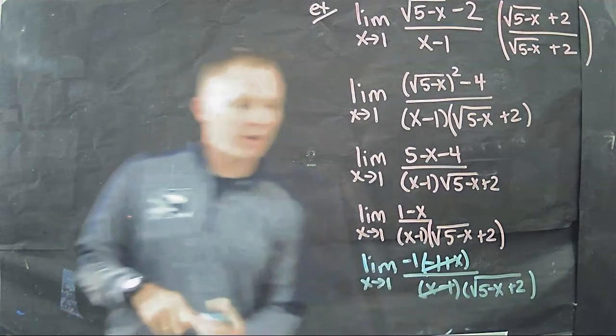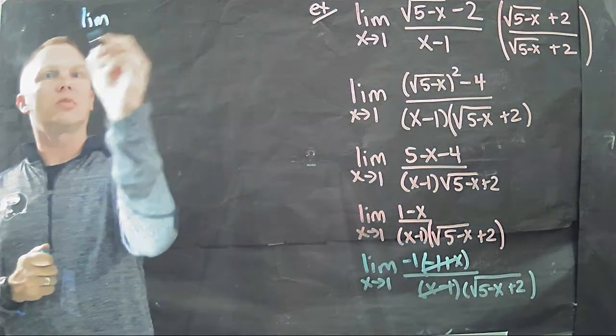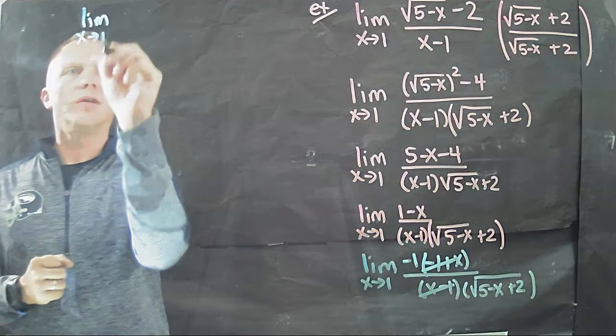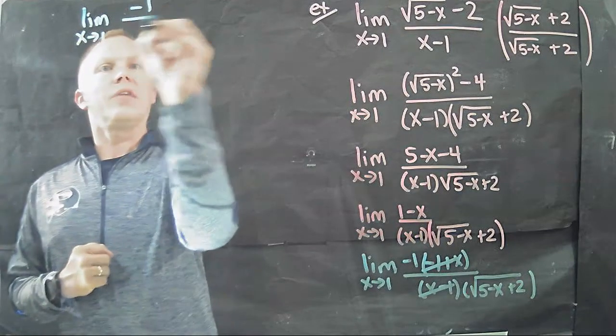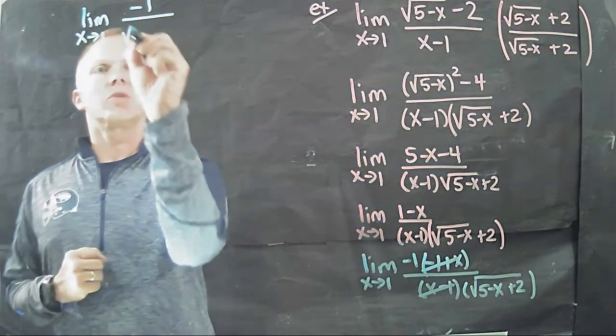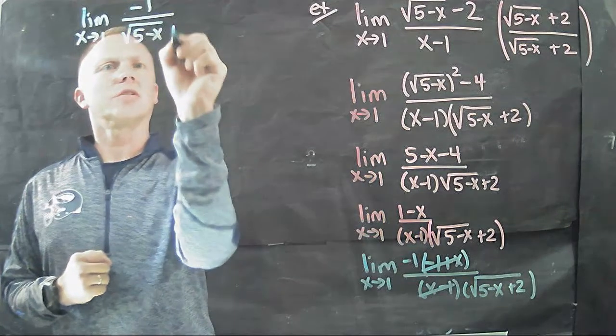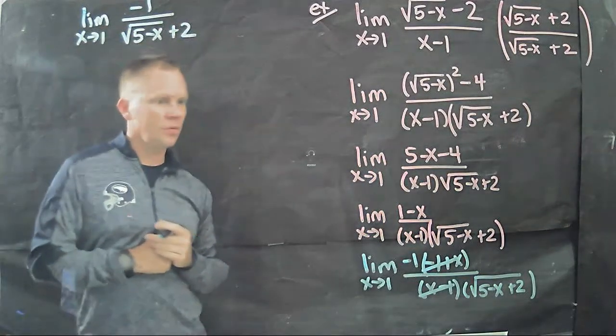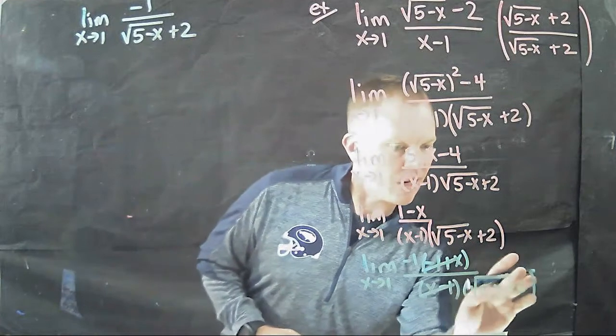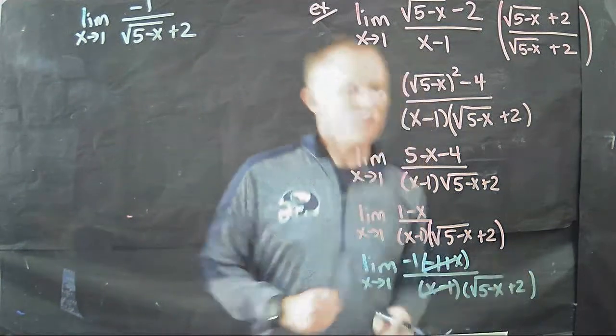I'm going to go over here, and I'm going to say, okay, this is equal to the limit as x goes to 1 of -1 over the square root of 5 minus x, plus 2. Oh, I keep sticking this radical. Sorry about that.